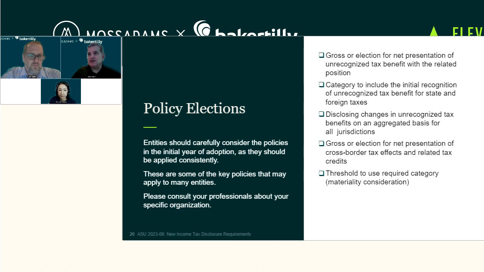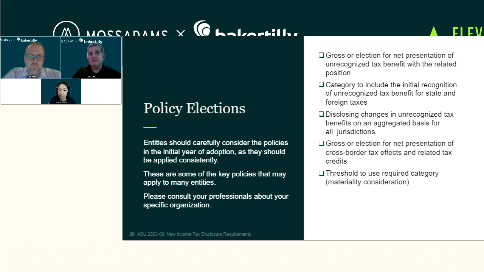And within these elections, these are just some of the elections that we've been able to identify going through the standard, where the key word is may. So wherever you see in ASU 2023-09 may, that gives you that optionality. And with any policy election, you want to carefully document your chosen method that you will follow consistently from year to year.